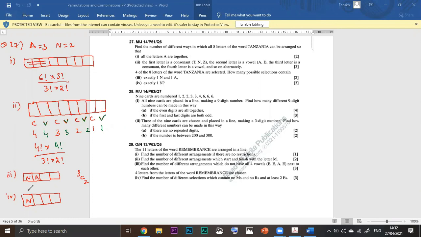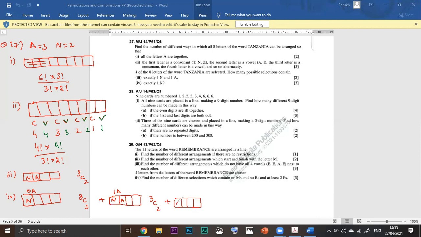First of all, we will draw the case for 0 A. If there is 1 N and 0 A, now we will have to select 3 from the remaining 3. 1 N is fixed. If there is 1 A, then we will have to select 2 from the different 3.